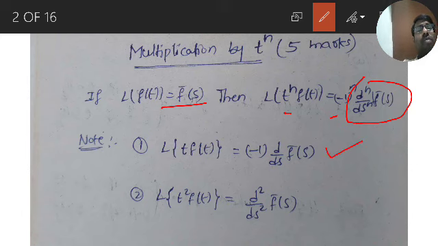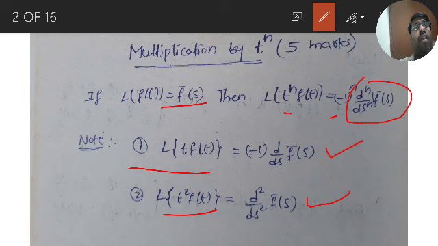These we will come across in problems. If f of t is multiplied by t or by t square, you have to use this. L of t square into f of t is d square by ds square of f bar of s. So L of t into f of t means minus the derivative of f bar of s.